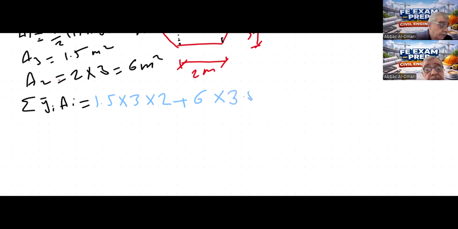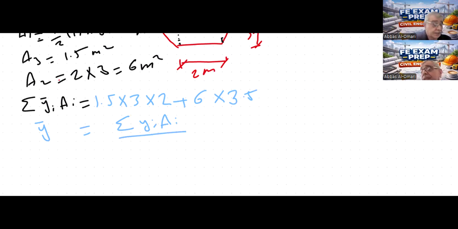So this is the summation. Let me say Y bar equals sigma YI AI divided by sigma AI, which is 9.